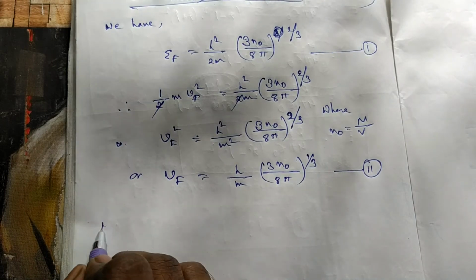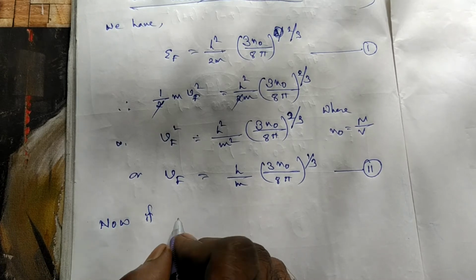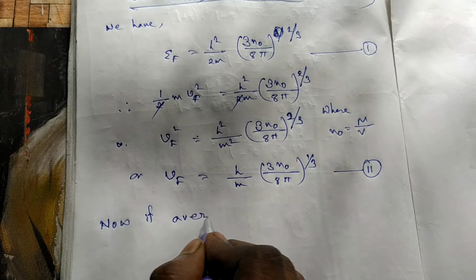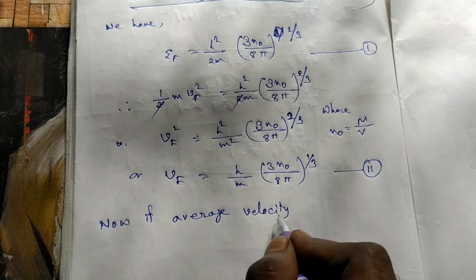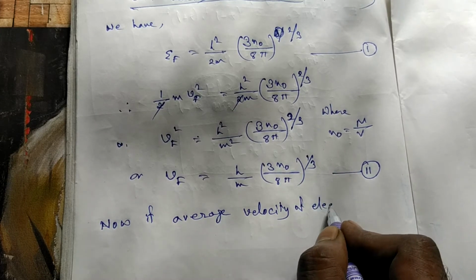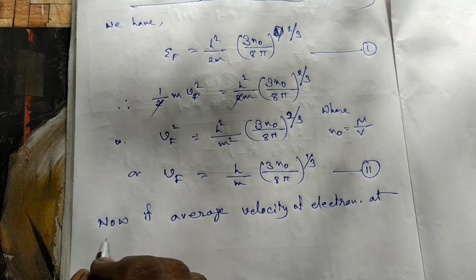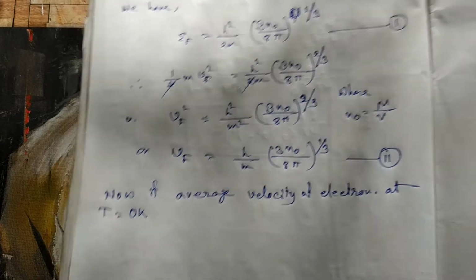Now we try to calculate the average velocity of the electron at T equal to 0 Kelvin, at absolute temperature.